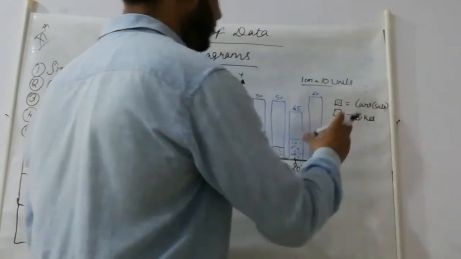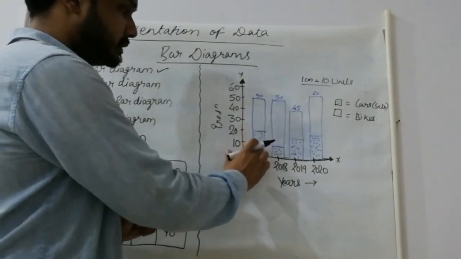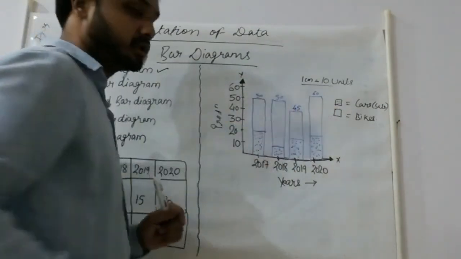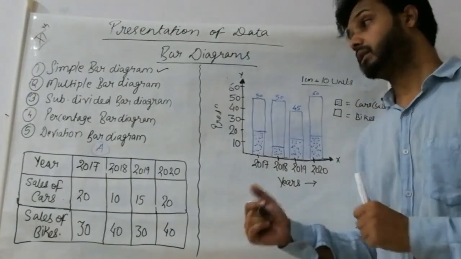So the reader will be clear that the sales of car is shown by this, and this one is showing the sales of bikes. And this is the way, students, how you can make a subdivided bar diagram.